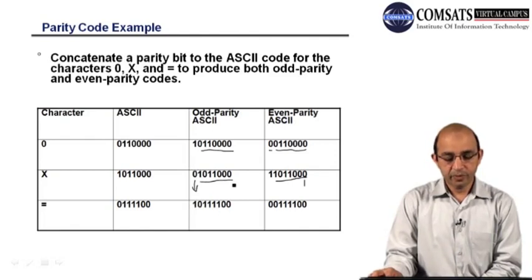And if due to some problem this 0 has become 1, now the total number of ones is even, but we are using odd parity. So the system will detect an error and it can adopt a mechanism to rectify this error.